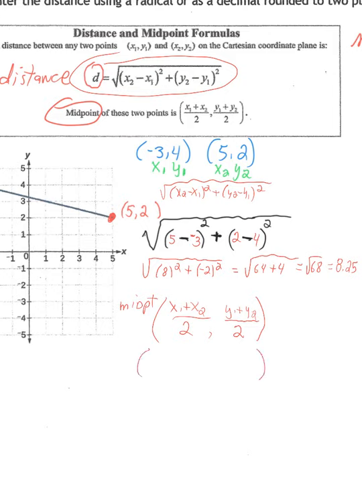Keep in mind, don't subtract now because we're taking the average. So I've got -3 plus 5 over 2, and 4 plus 2 over 2. That's 2 over 2 and 6 over 2, and now I can see my final midpoint is 1, 3.